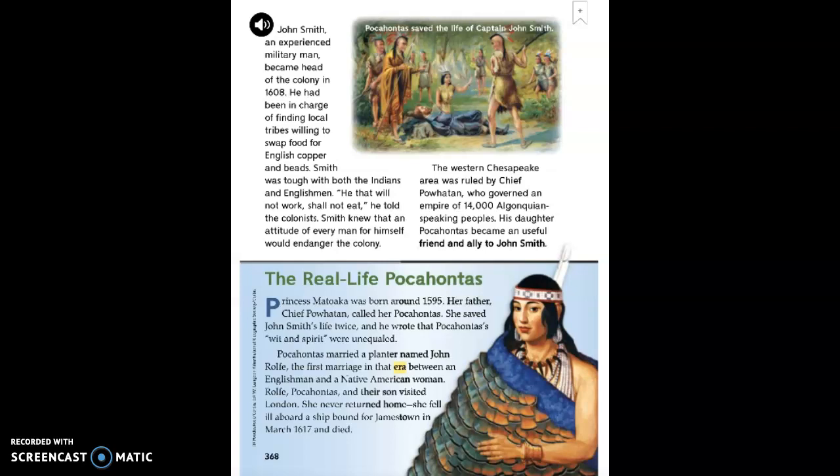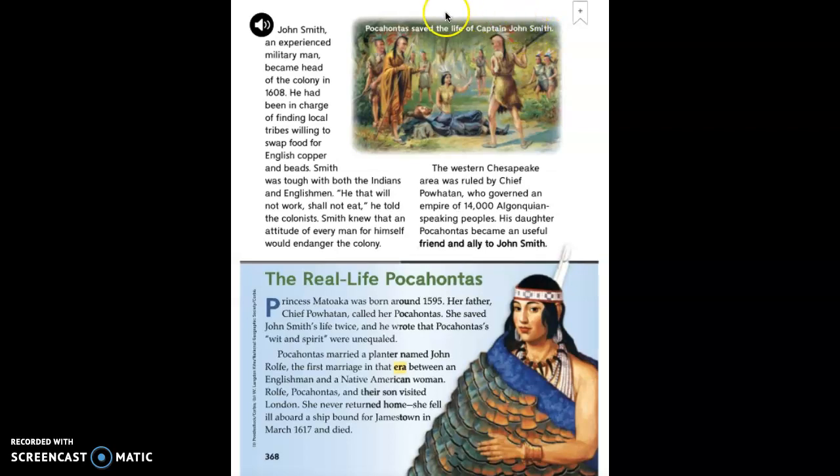Smith knew that an attitude of every man for himself would endanger the colony. The western Chesapeake area was ruled by Chief Powhatan, who governed an empire of 14,000 eloquent-speaking peoples. His daughter, Pocahontas, became a useful friend and ally to John Smith.